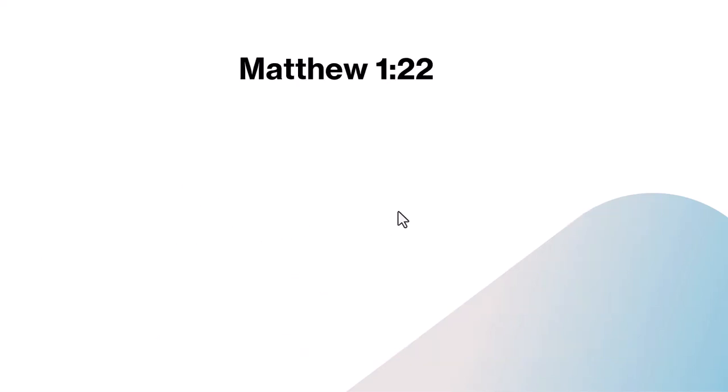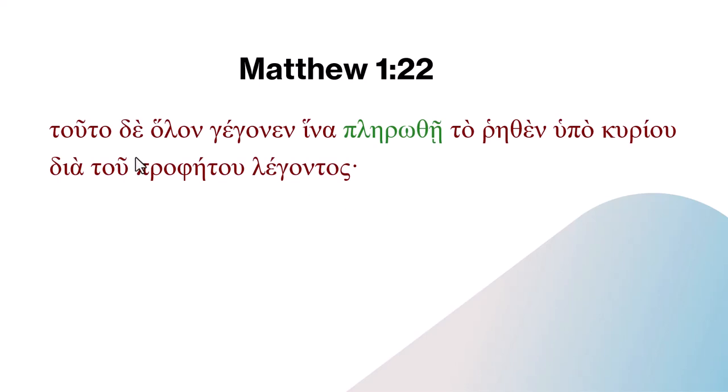Here's an example from Matthew 1:22. So we have tuta de halan geganen, hina, and there's our hina, and a subjunctive that's after it, which I've colored differently. Hina plerothe ta hrethen hupa kuriu dia tu prophetu legantas.